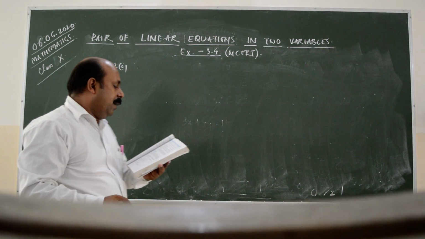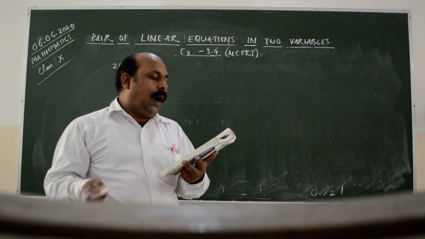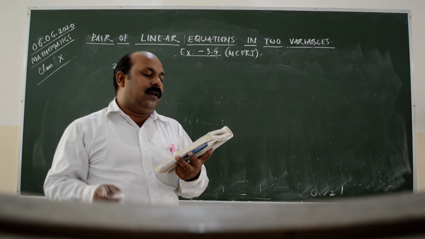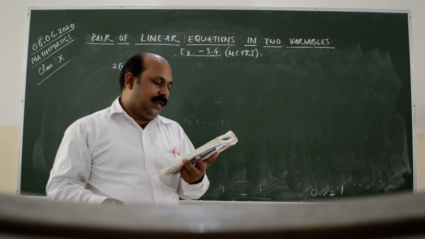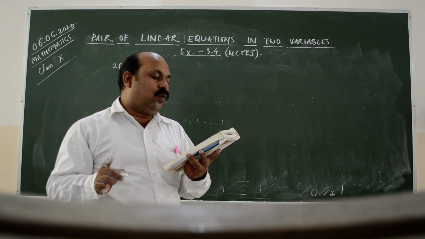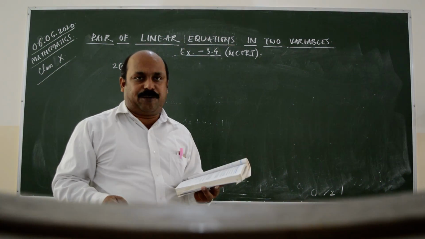The question is, if we add 1 to the numerator and subtract 1 from the denominator, the fraction reduces to 1, and it becomes 1 by 2 if we only add 1 to the denominator. We need to find the fraction.